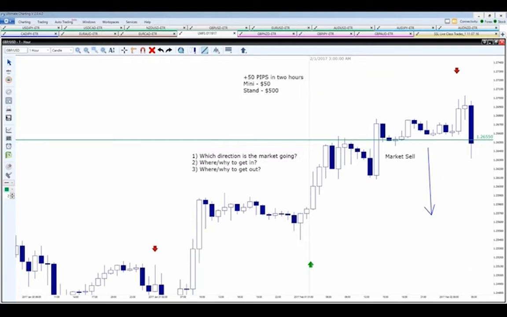Now, next order of business, just like we did on the previous trade, we have to set our stop loss. There's our 3 a.m. candle. Our stop loss, let me set that in red, is going to go 5 pips above the high. So 27.00, just like that. So 5 pips above the high of this 3 a.m. candle.